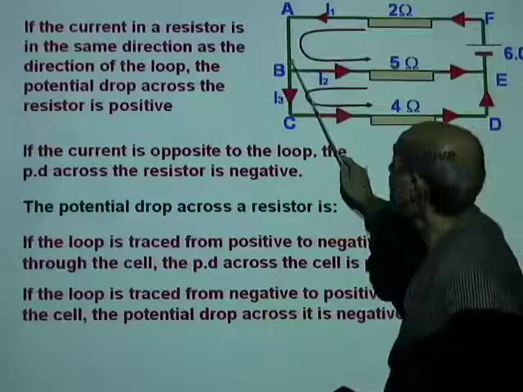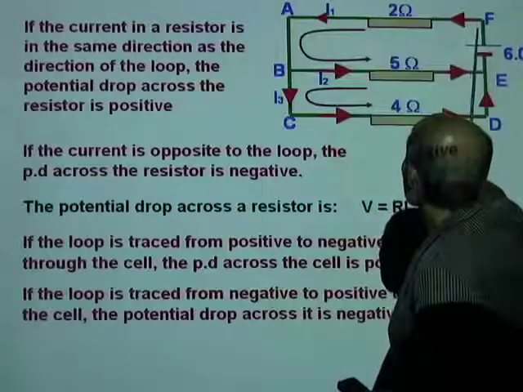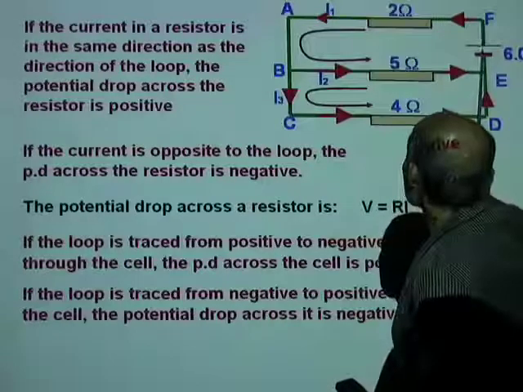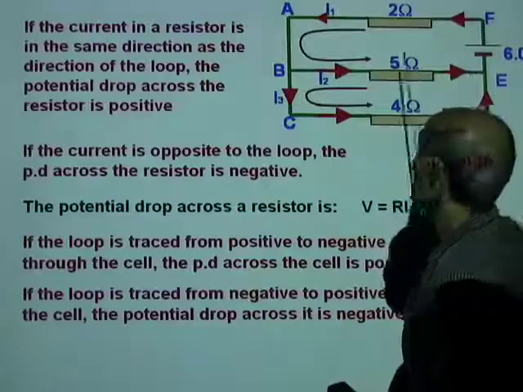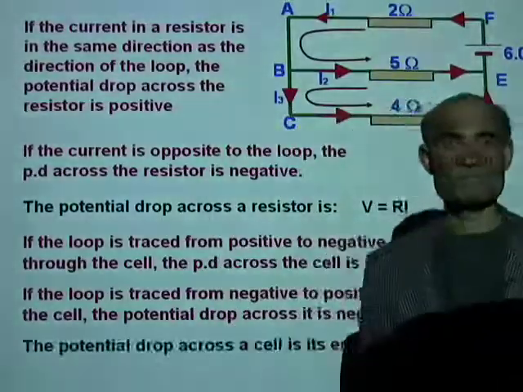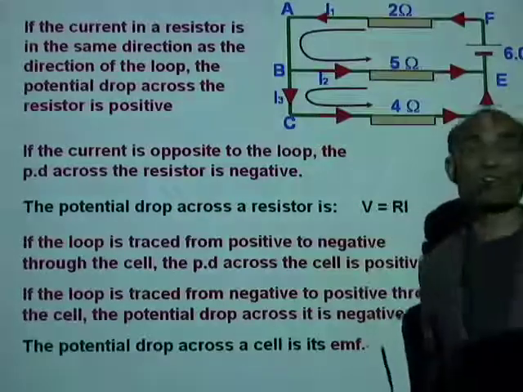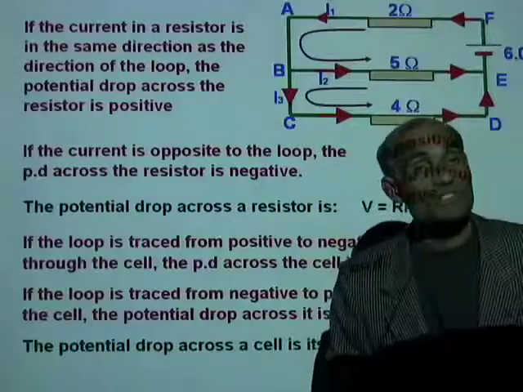On the other hand, if you trace out the loop like this so that it goes from positive to negative, the potential drop across the cell is positive. And of course the potential drop across a cell is its EMF.